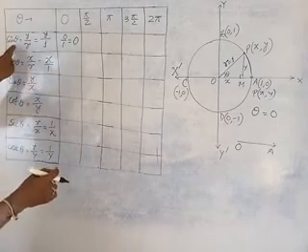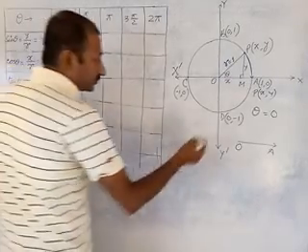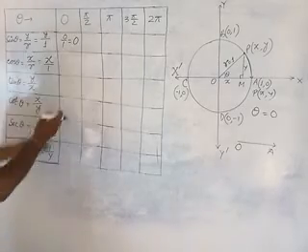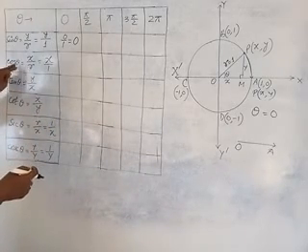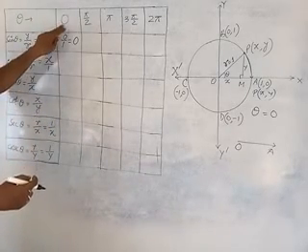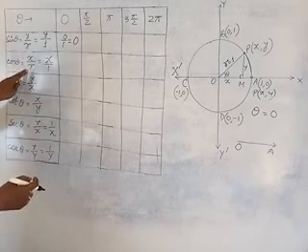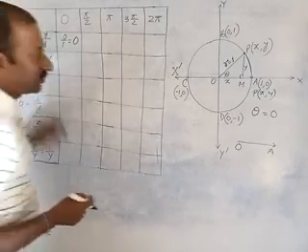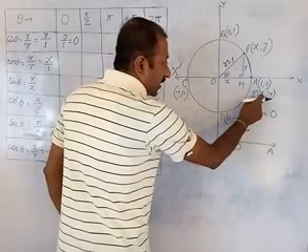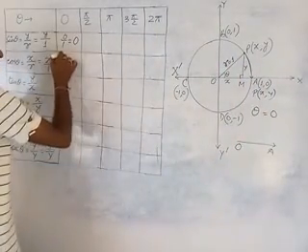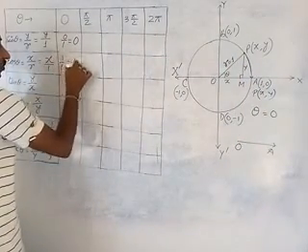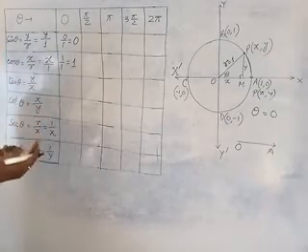Now let us find all the values for 0. Cos theta is x by r, means x by 1. The value of x is 1, so 1 by 1 means 1. So cos 0 is 1.